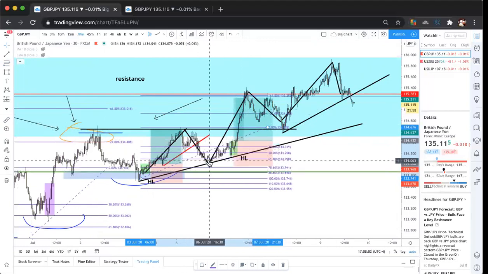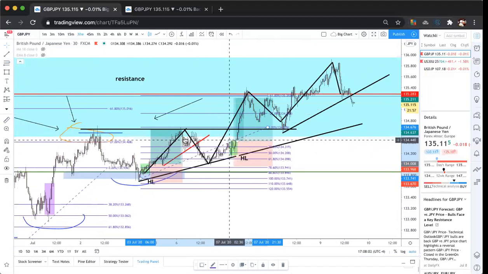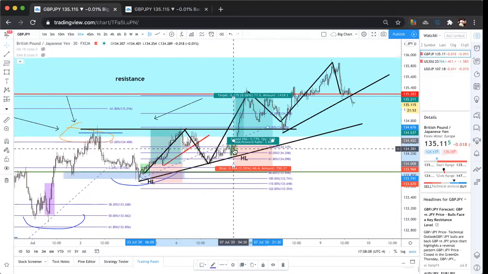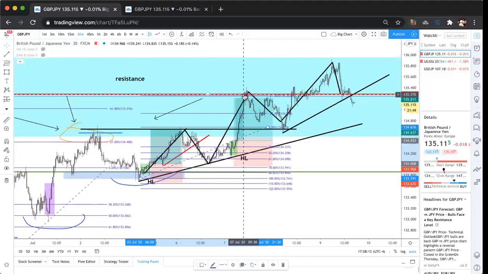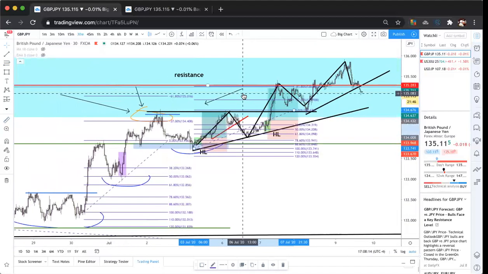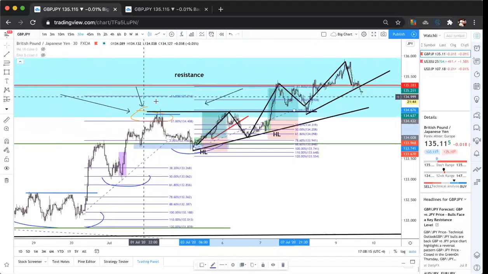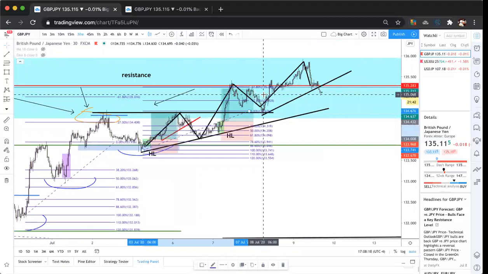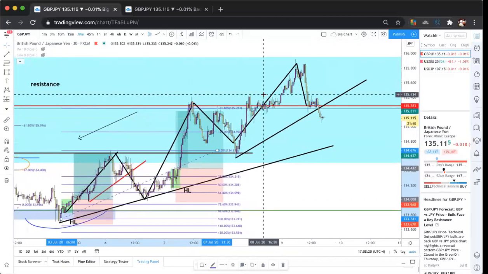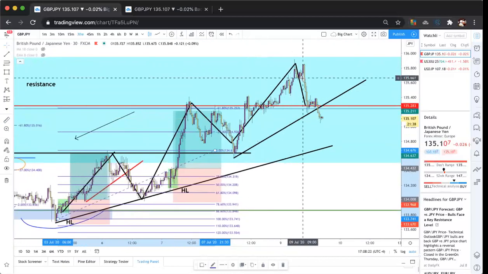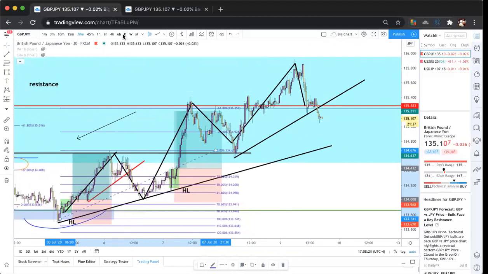So what it did was came up to test this little resistance over here. Gave me a little pullback to let me know that it's ready. Boom, got in. Went to my major resistance, which was TP, which I told you was based off the daily time frame. And then, yeah, the other market's just breathing pretty much. But that's like scaling opportunities, basically.